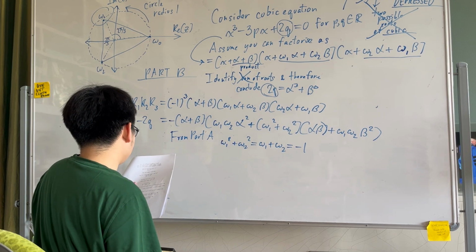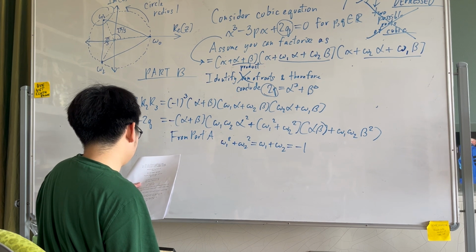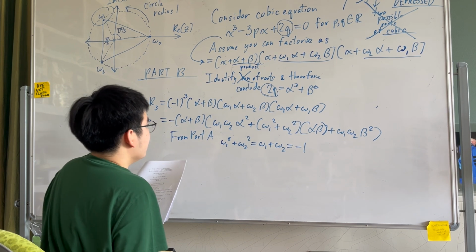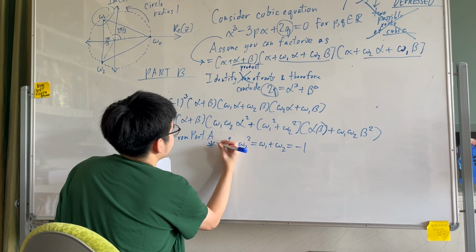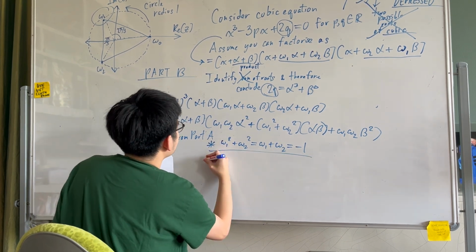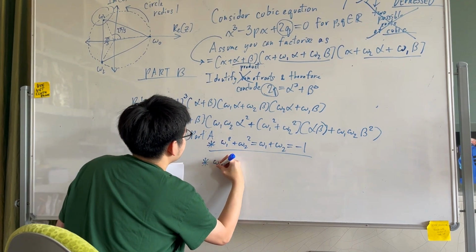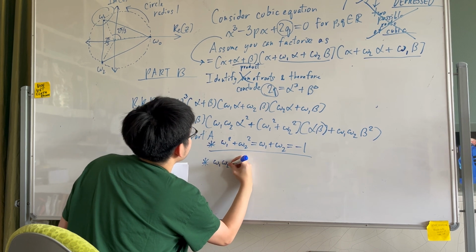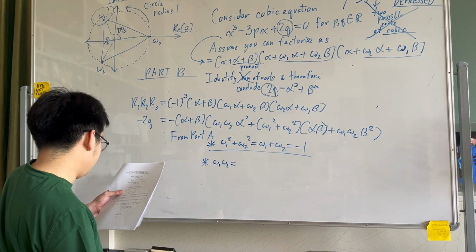Don't forget also, we also concluded, so this was a whole part that we proved, we also proved that omega 1, omega 2 is equal to 1 as well, because let's see, that's the final result, right?